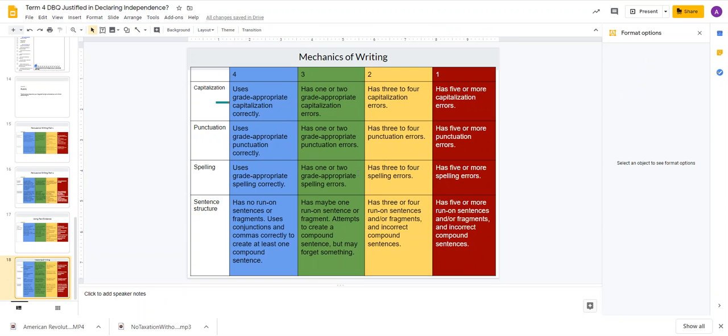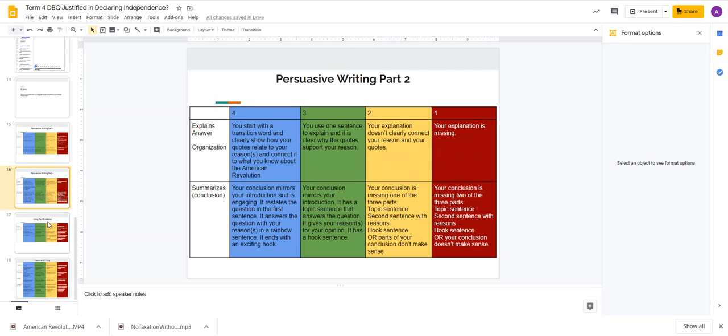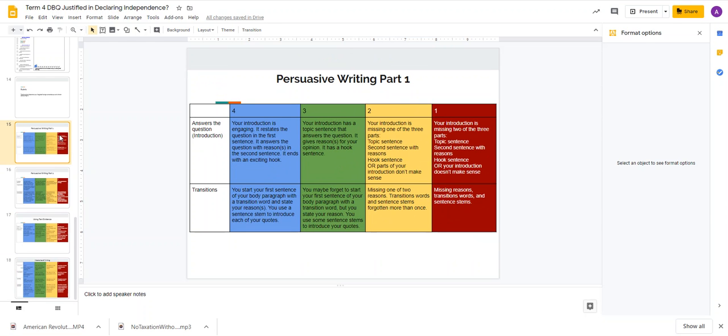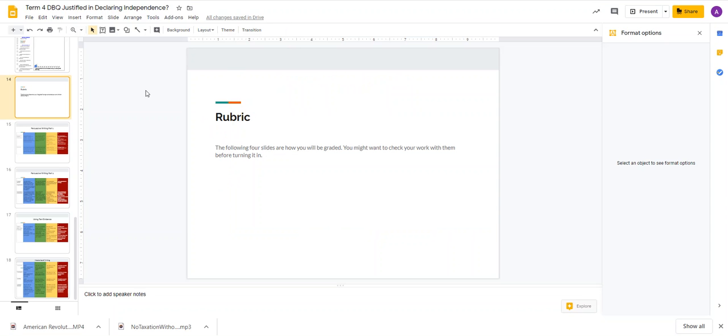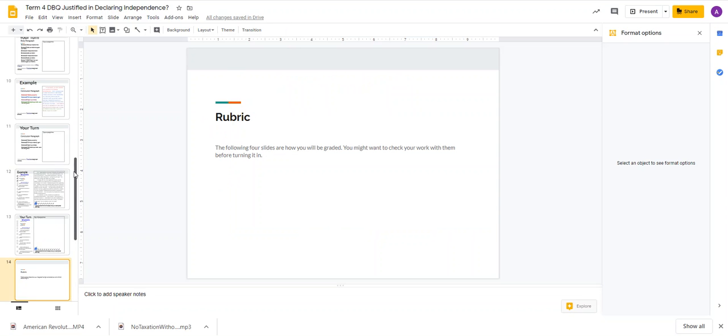And then mechanics of writing, make sure that you can follow along. This is where your editing comes through. So you're going to look at this more next week, okay? So you guys can always, as you're writing, refer to these rubrics to help you be successful. They're a great tool to use to know what you need to have to get a color that you're looking for in your grade. As always, let us know if you have any questions.